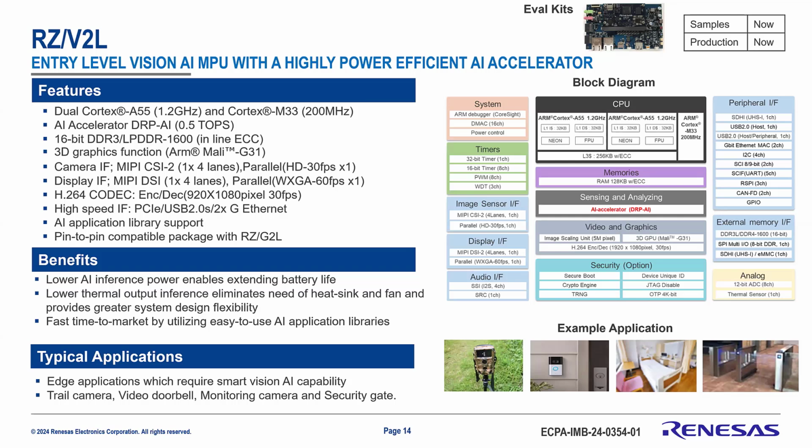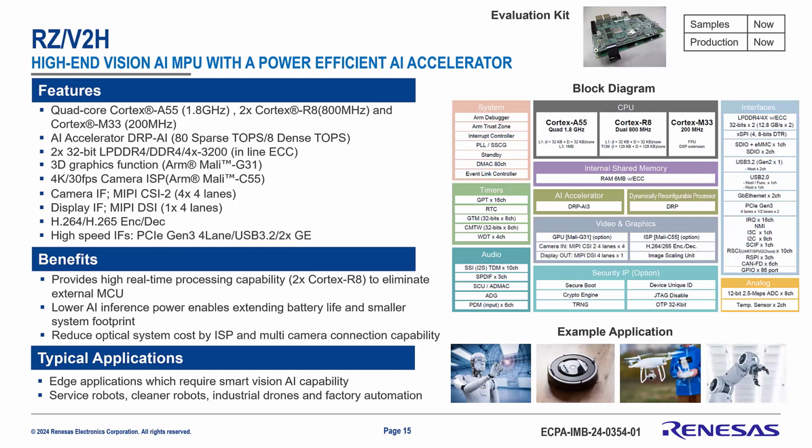Applications here are products that need smart vision AI capability, like trail cameras, video doorbells, monitoring cameras, and security gates. And then finally, our RZ/V2H, which is the latest member of our family here and in full production.